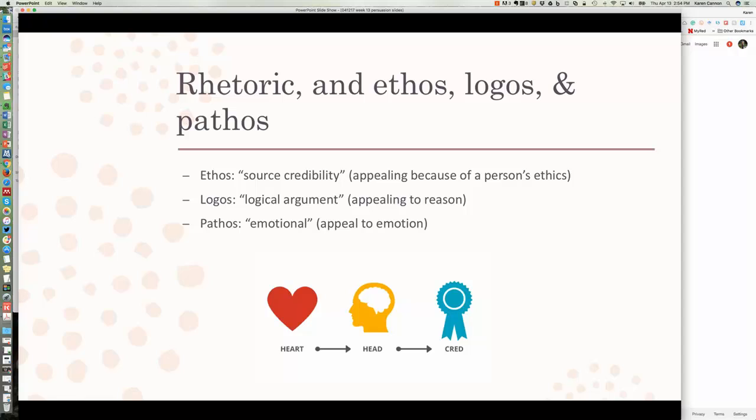Remember that the concept of ethos is about the credibility of the source, so that's always something to think about when you're creating messages. And then there are two types of appeal: either appeal to reason with a logical argument, or appealing to emotion with a pathos type of argument or message. So think about it that way.